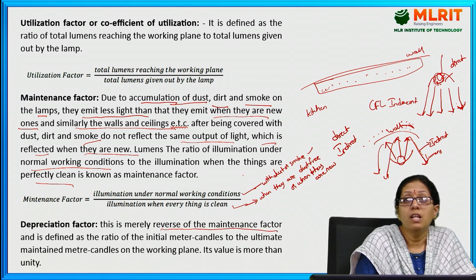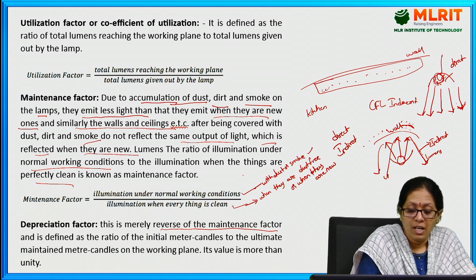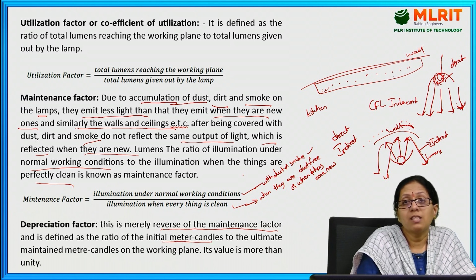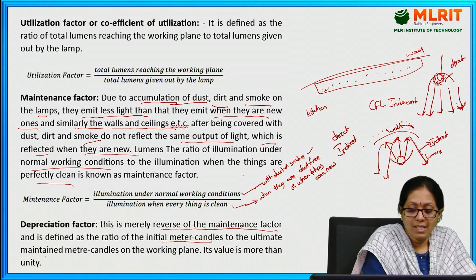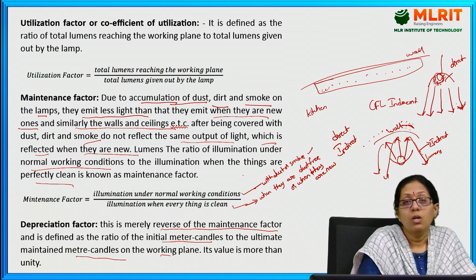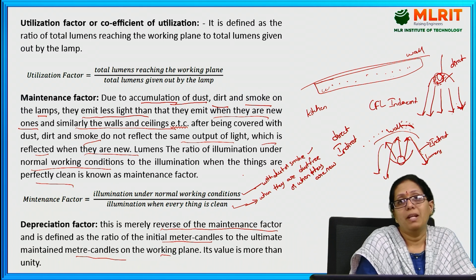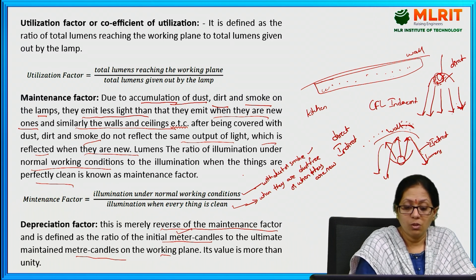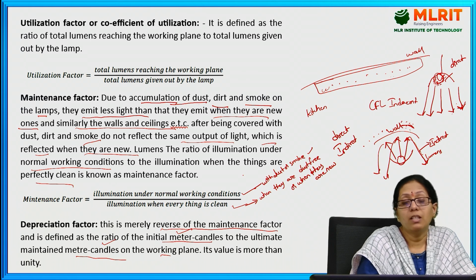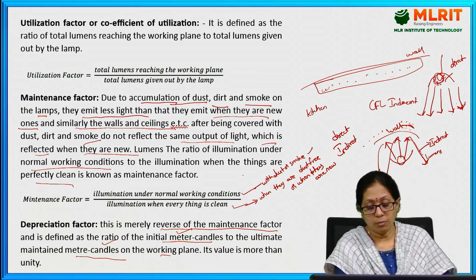Depreciation factor is the reverse of maintenance factor and is defined as the ratio of initial meter candles to the ultimate maintenance meter candles on the work space. So it is the ratio of initially, when they are new, to the meter candles under working condition.